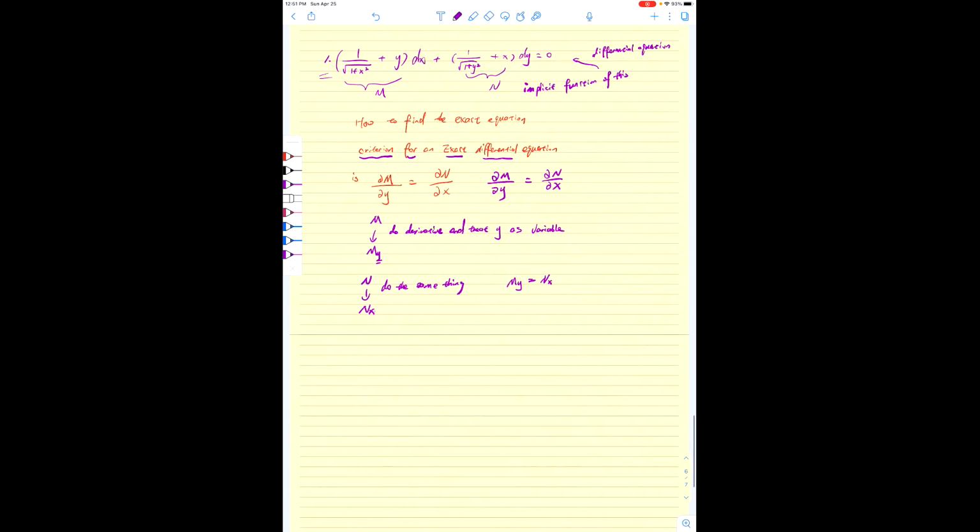And this M and N really come from the implicit function. Let's say I call f(x,y) equals 0.